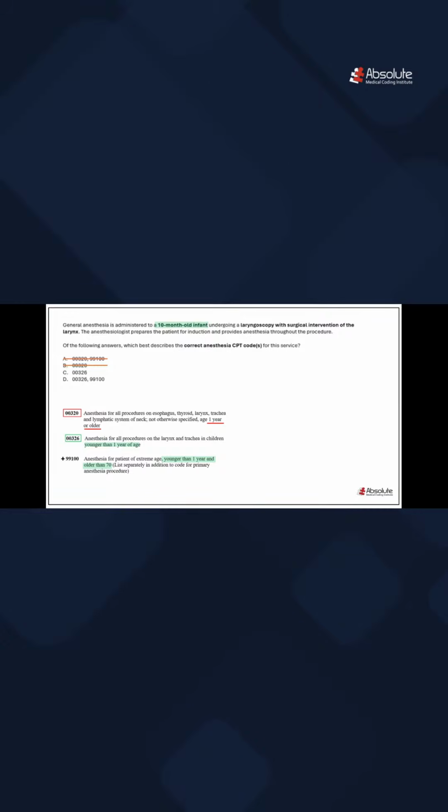This is for anesthesia for all procedures on larynx and trachea in children younger than 1 year of age. So do you need an additional code to once again reemphasize that? No, you don't need that. The code language itself explains that this is for a procedure on a patient younger than 1 year. And moreover, the parenthetical guideline also states that you should not code this together with 99100. And that makes option D incorrect. And the correct answer is going to be option C.